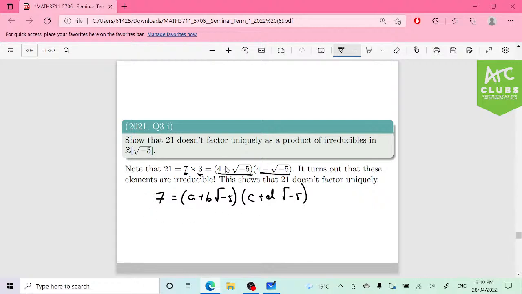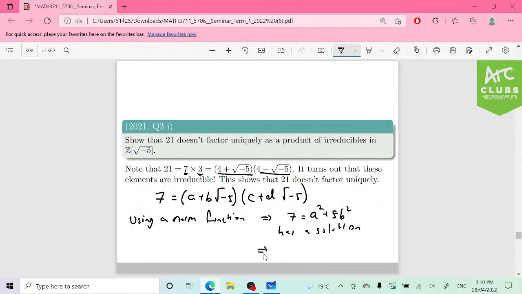The theory behind this is using what we call a norm, so you're using a norm function. What you can show is that if you have such a factorization, then 7 equals something like a squared plus 5 b squared has a solution.